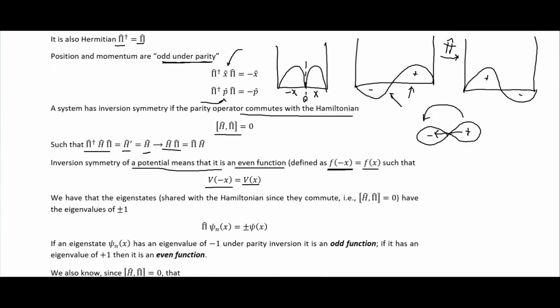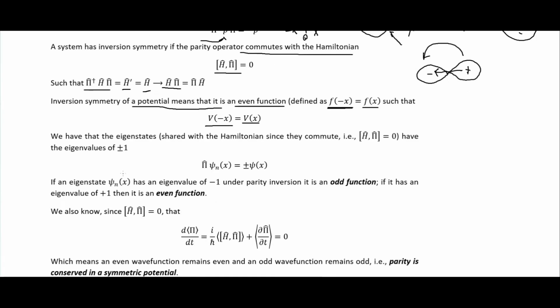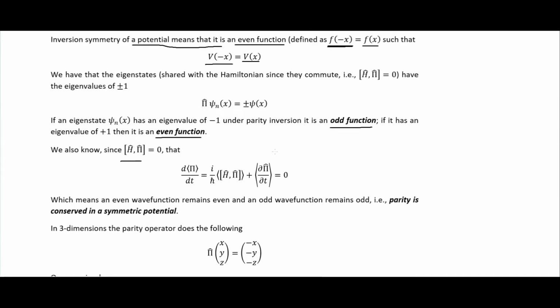So we have that the eigenstates, which are shared with the Hamiltonian if they commute, have an eigenvalue of plus or minus 1. And so if it has a minus 1, then the parity inversion is an odd function. If it's positive 1, then it is an even function. And since we know that these commute, then we have our Ehrenfest theorem here.